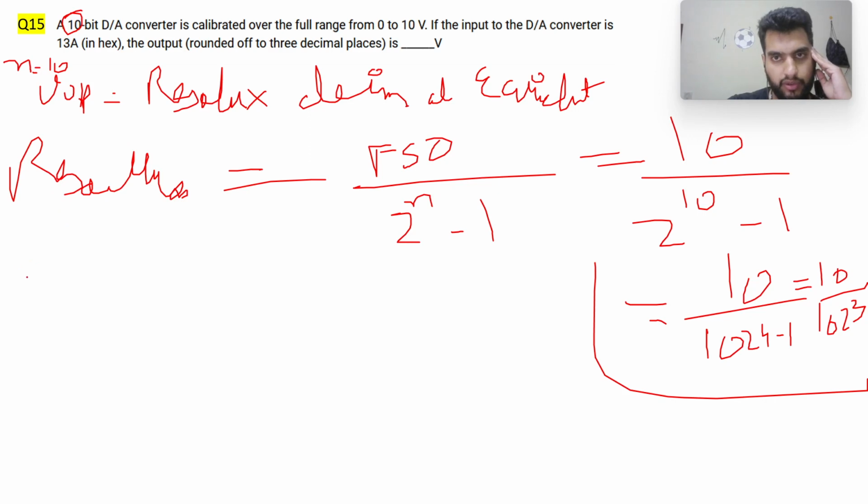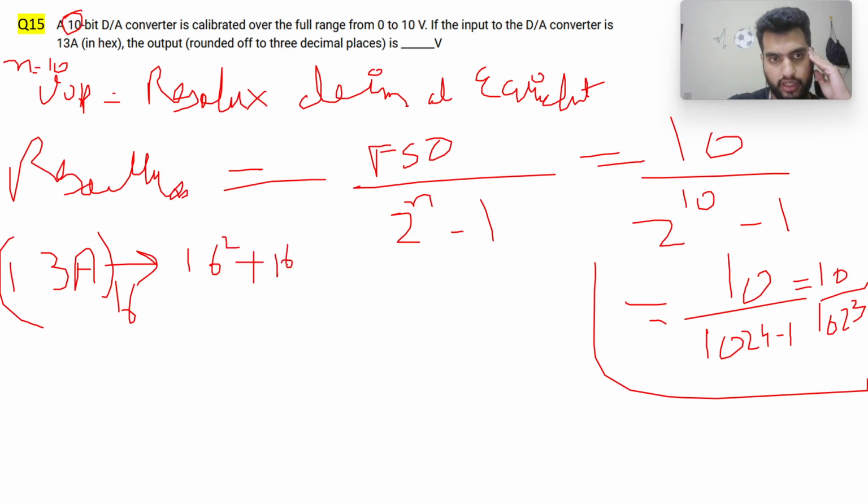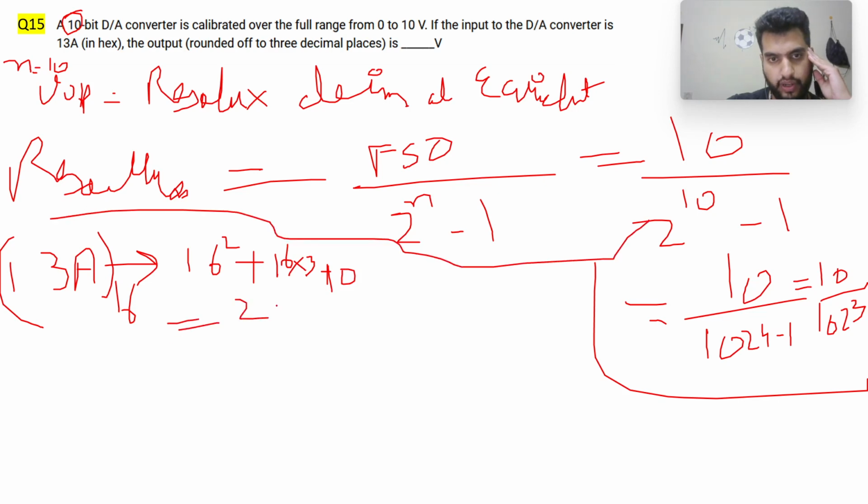And then your decimal equivalent of 13A. In decimal, this is 16 square plus 16 into 3 plus A, and A is 10, right? So this is equal to 256 plus 16 into 3, that is 48, plus 10. So it's 256 plus 58, that is 314.